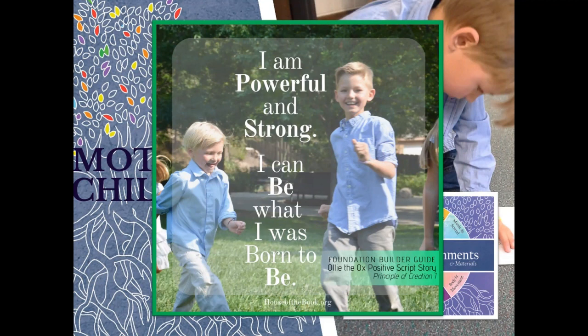This is really about I can be. Later in the principles, we learn more about things to do, but this is so much about our being and becoming. So just keep that in mind. It goes, I am powerful and strong. I can be what I was born to be.